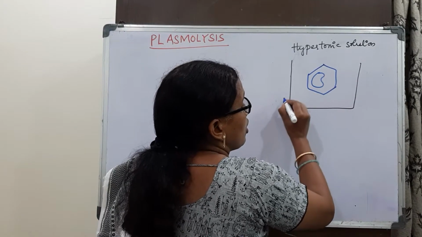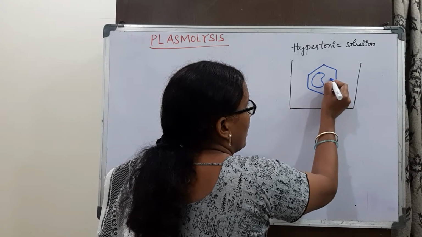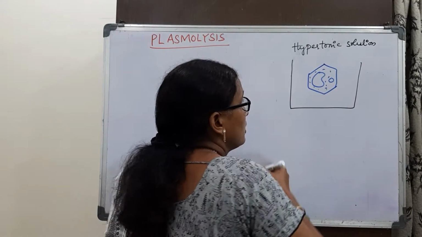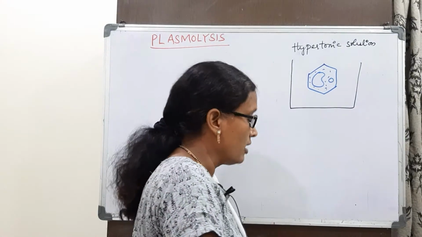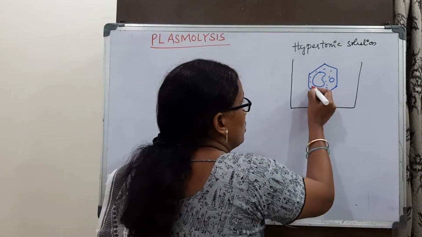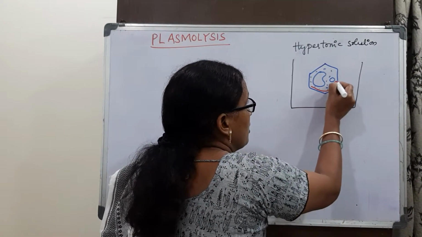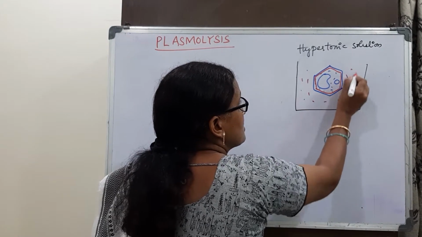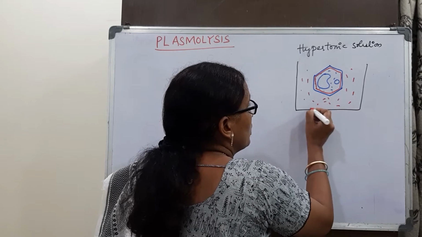It will possess a large vacuole and nucleus, other cytoplasm, and the plasma membrane. So this is the plasma membrane. So we are keeping the plant cell in hypertonic solution.